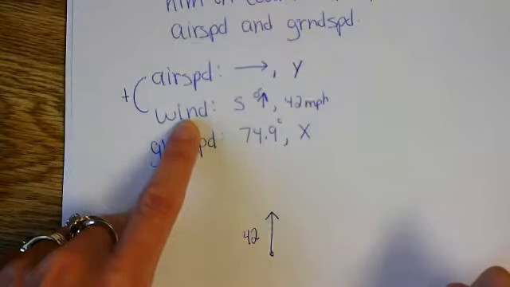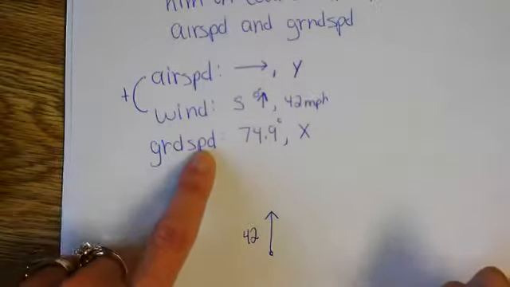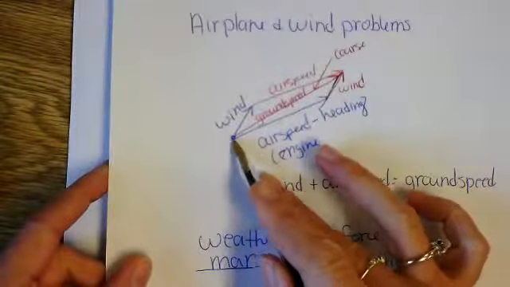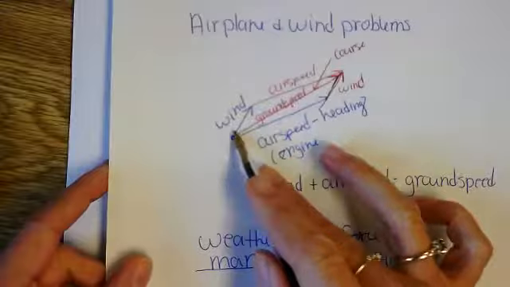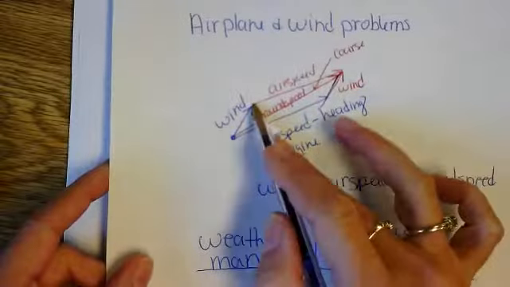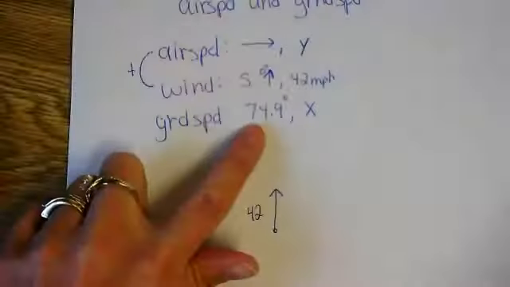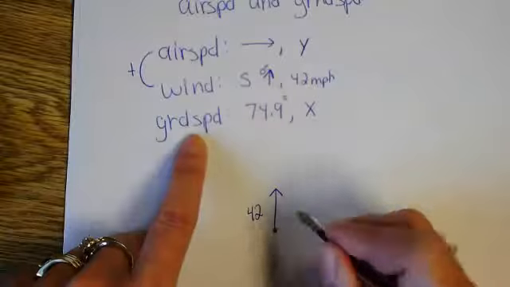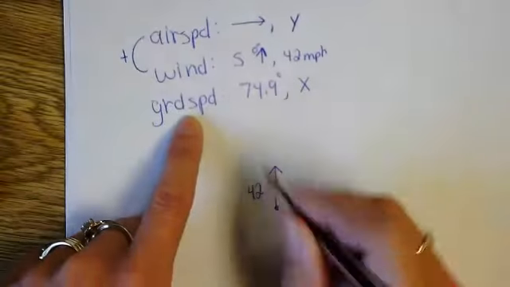And then the airspeed, let's see, the ground speed, remember, is the answer. So if you look back at the beginning one, the ground speed is attached, because it's the resultant, it is attached tail to the wind. And then we'll stick the airspeed on at the arrowhead of the wind. So let me go to the ground speed since I know that direction. So the ground speed will be on a bearing of 74.9.